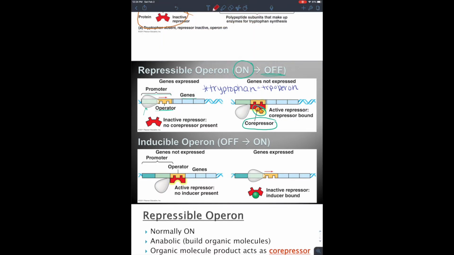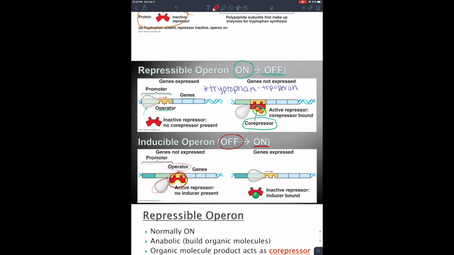I have inducible operons. Induce, so if you think of pregnant people, when they're induced, we're forcing them to have the baby at that point. So we're going to take an off gene and we're going to turn it on. This gene was originally off. It wasn't making anything. I'm going to turn it back on. It's going to start to make stuff. So here is my operator again. Here's the promoter where RNA polymerase is allowed to attach. Right now, it's off. There is something there blocking it.